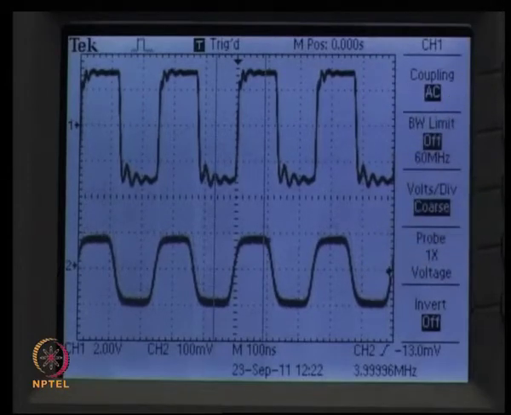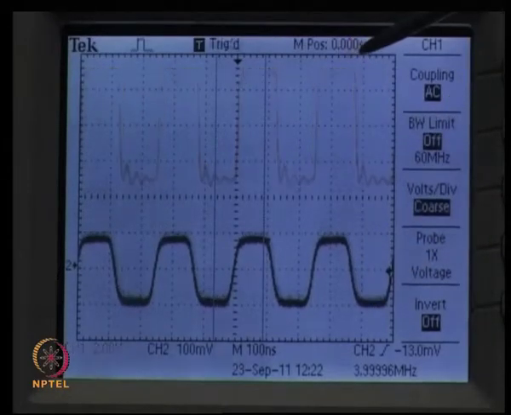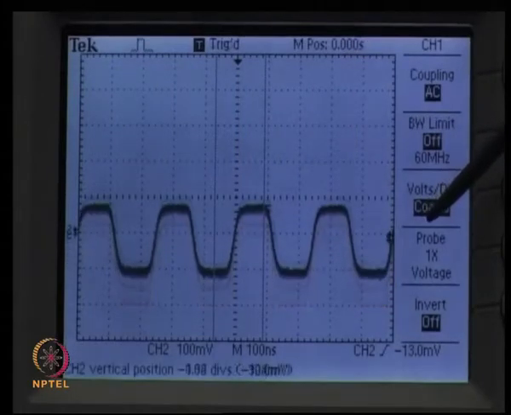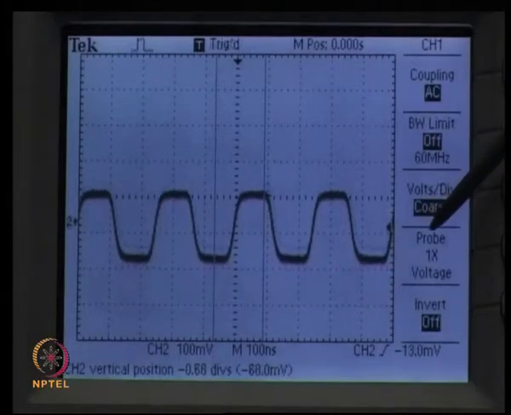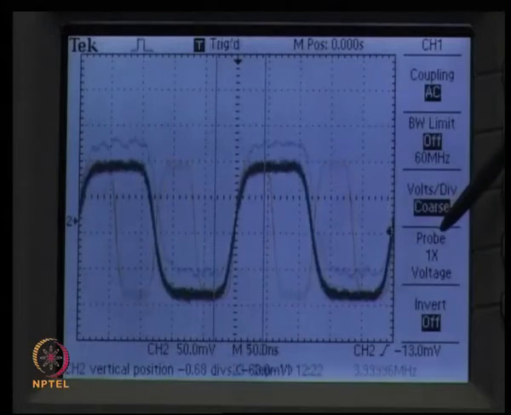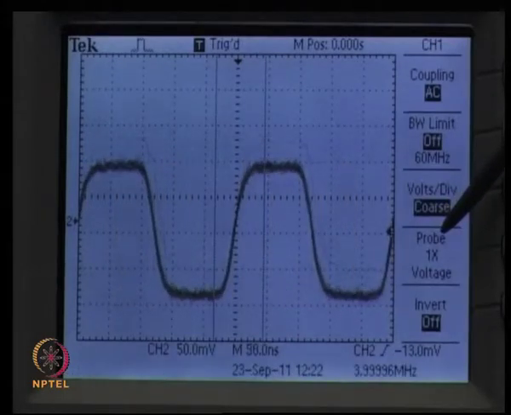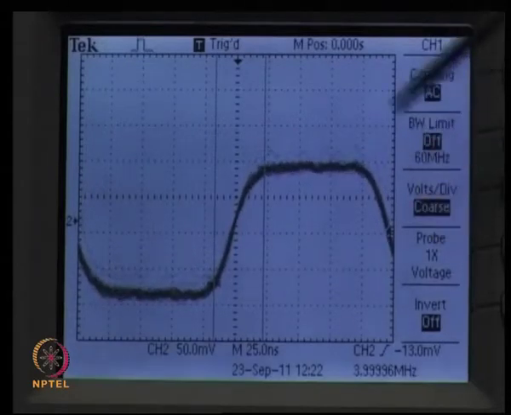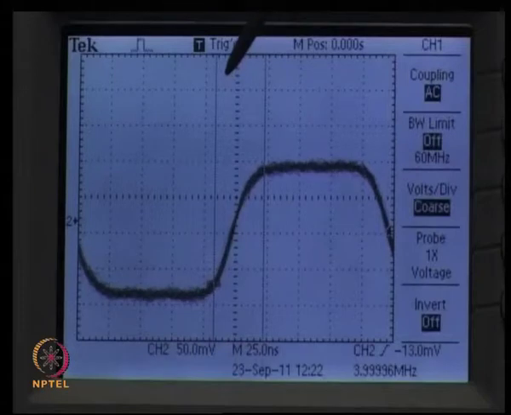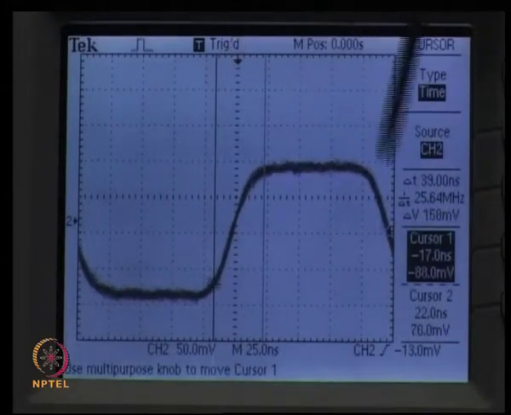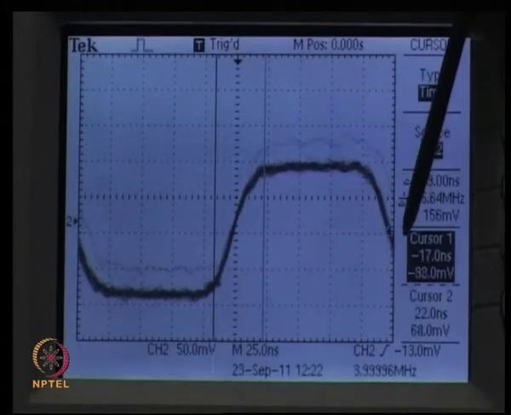Channel 1 is the output of Waveform Generator. We will now measure the rise time of LED transmitter.